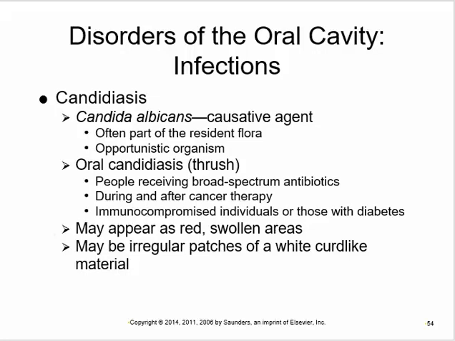So they are particularly prone to thrush. People that take broad spectrum antibiotics, so oftentimes when we don't know what the infection is, we give a real broad spectrum antibiotic. Cancer therapy, it's fairly common because immunocompromise happens because of that.